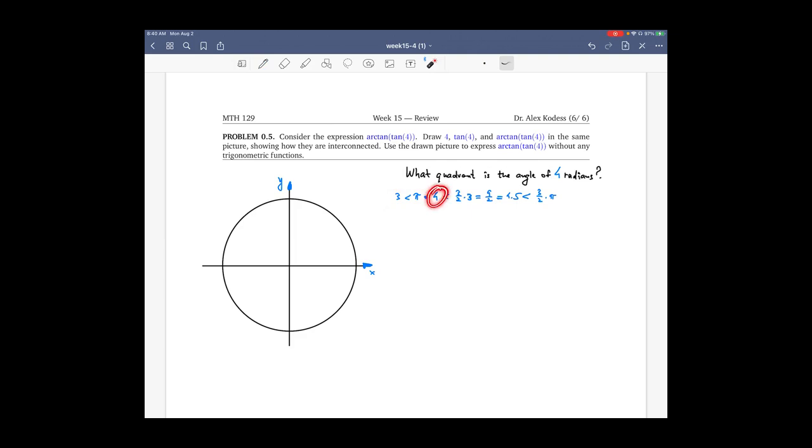Now 4 is less than 4.5, which I can write as 3/2 times 3. Now look at this 3/2 times 3. 3 is less than pi, so 3/2 times 3 is less than 3/2 times pi. That immediately implies that the angle of 4 is in quadrant 3. It's greater than pi and less than 3 pi over 2.